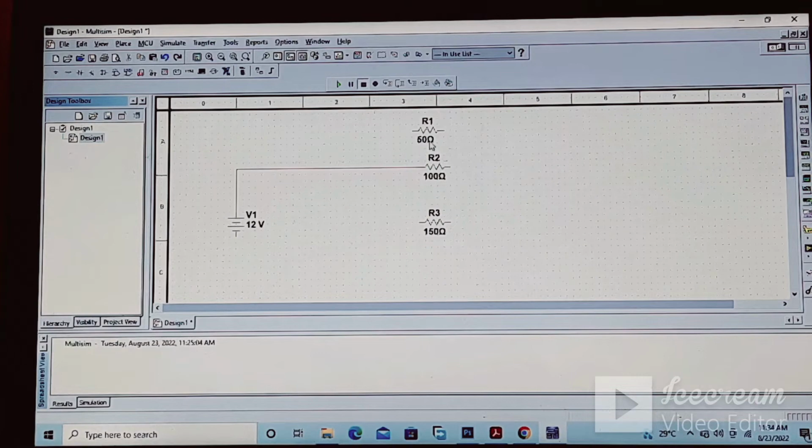Now connect all these resistors in parallel. Okay, and now this one.